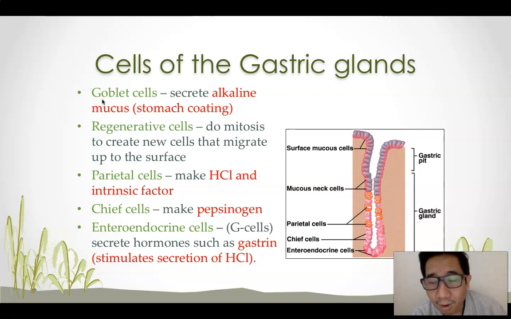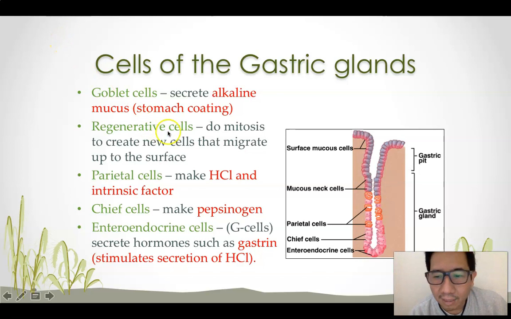If you keep throwing up all the time, the stomach juice will start burning every other organ, because other organs do not have this cell to provide a coating protecting the inside of your stomach. This is called the goblet cells. They produce alkaline mucus to protect the inside lining.